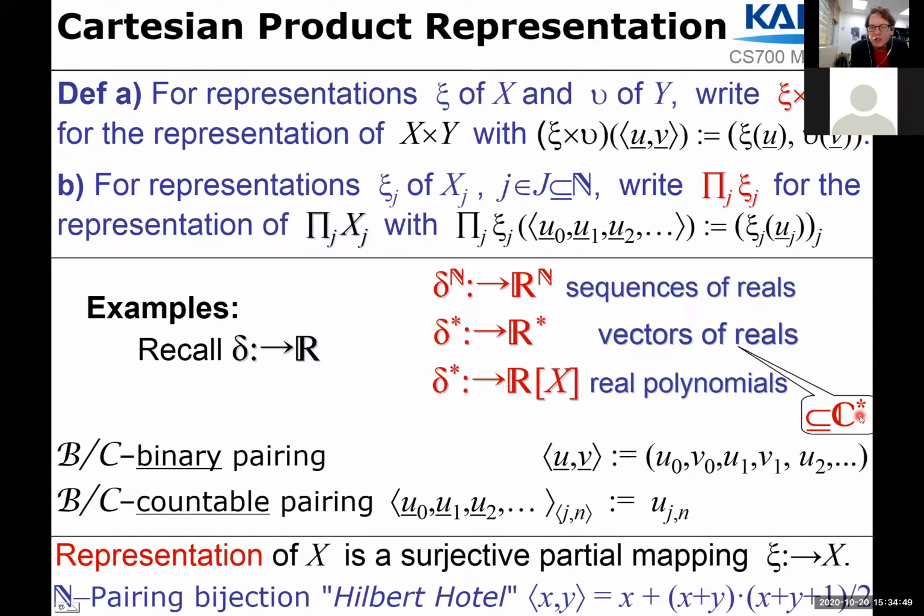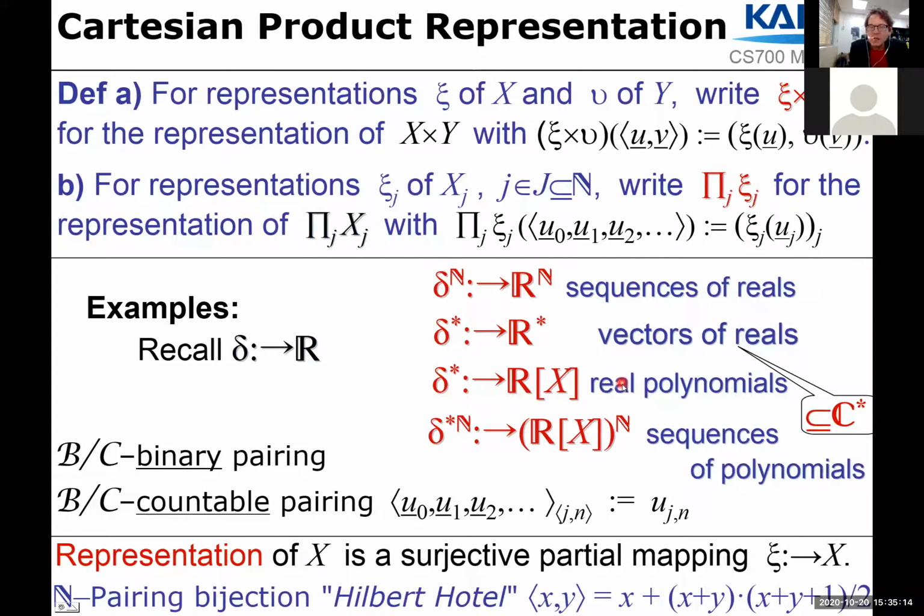Also polynomials: a polynomial can be identified with its finitely many coefficients. Every polynomial has an arbitrary but finite degree and therefore an arbitrary but finite number of coefficients, which we can put into a vector of real numbers, so that we arrive also at a canonical representation for the space of real polynomials.